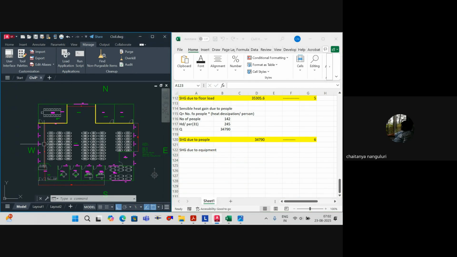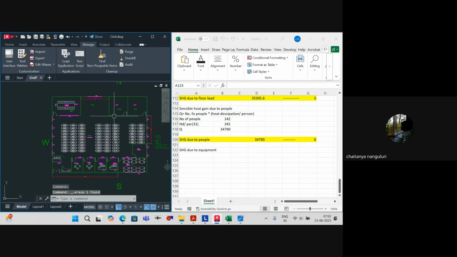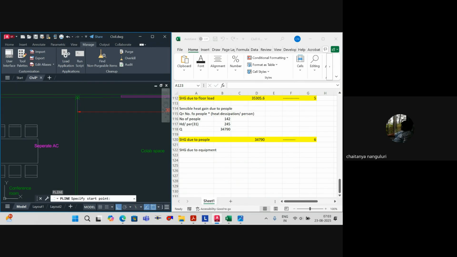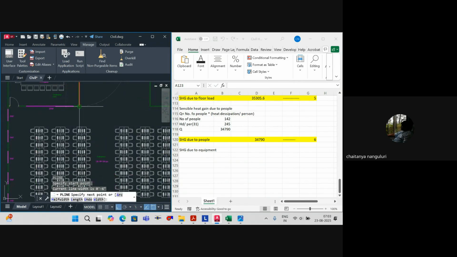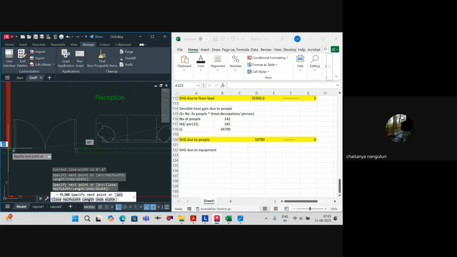So sensible heat gain due to equipment I have to consider. So what is my total air conditioned space anyway? Isn't it this one? This is the total space of air conditioned, right?